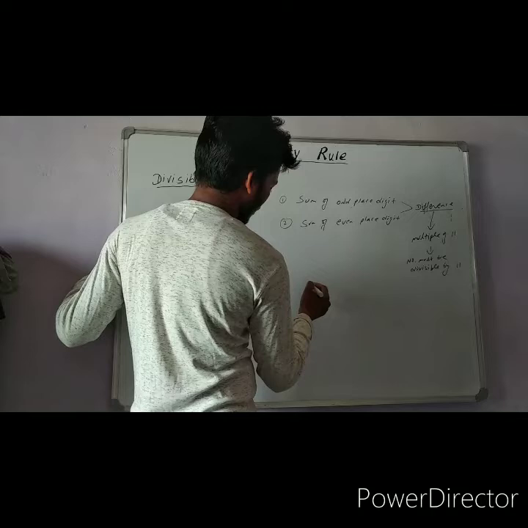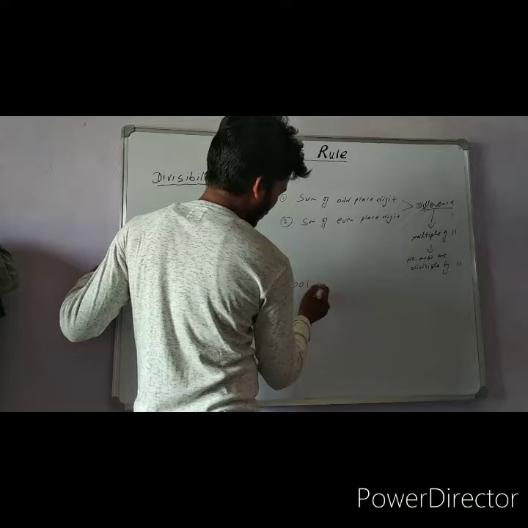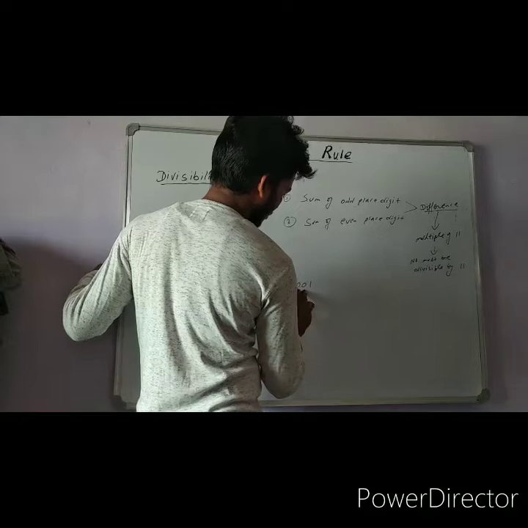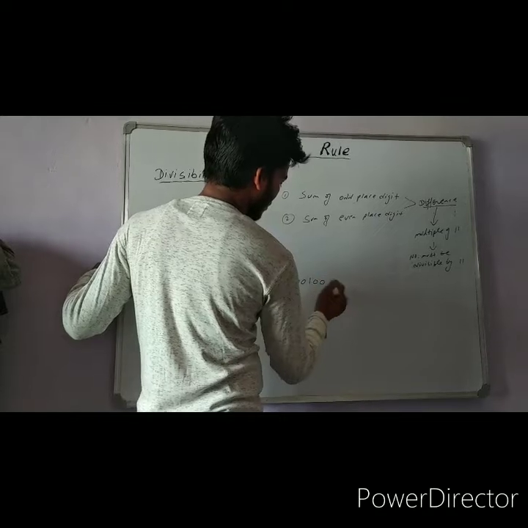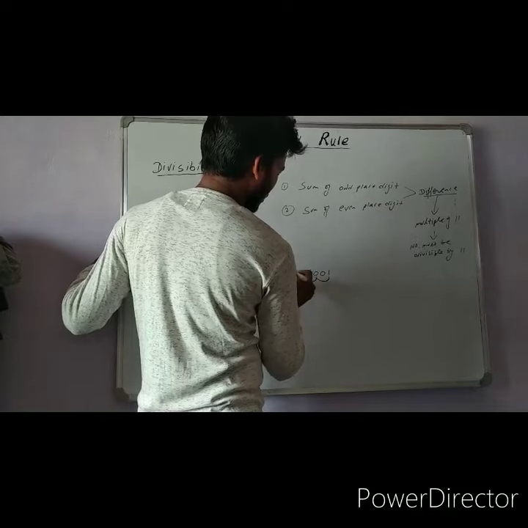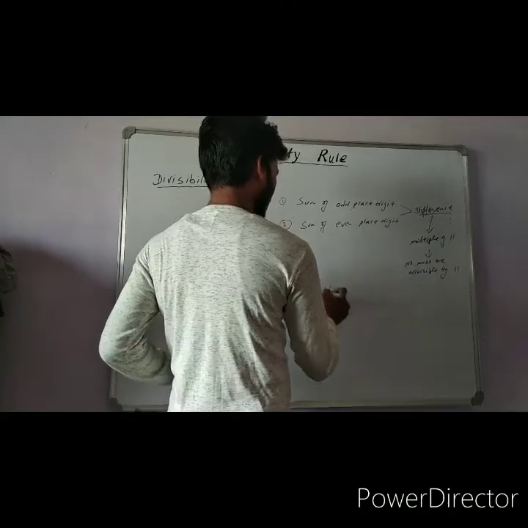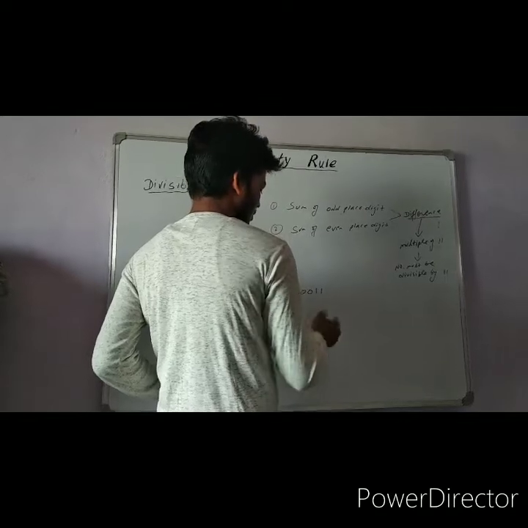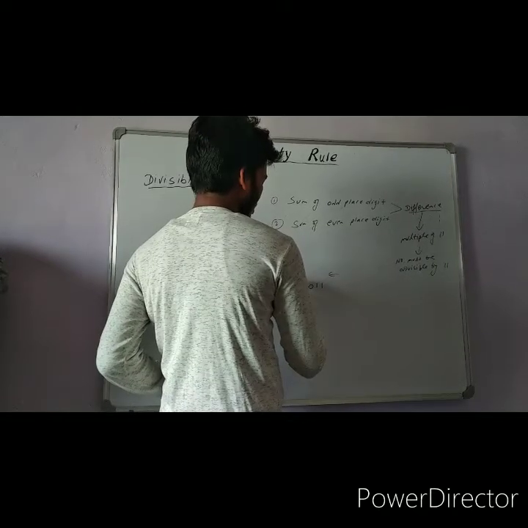Take another example, 10010101. From the right side count 1, 2, 3, 4, 5, 6, 7, 8.